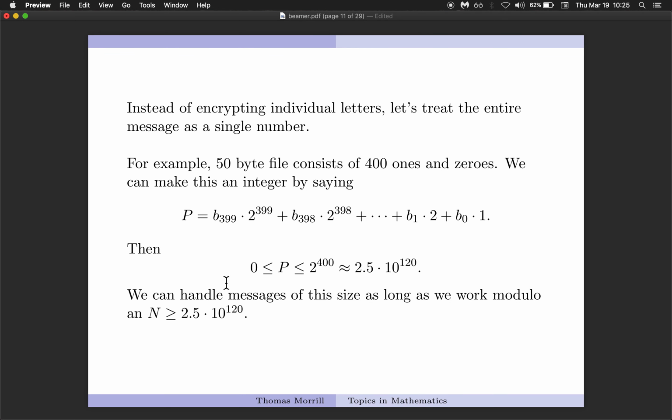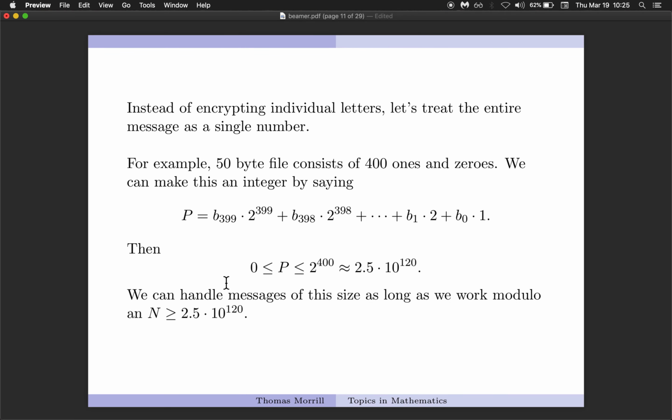So if we do have 400 ones and zeros that specify some piece of information, we can turn that into an integer by saying those are the base 2 digits of some number that I'll call capital P, again for plain text.